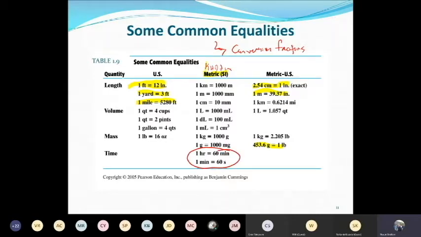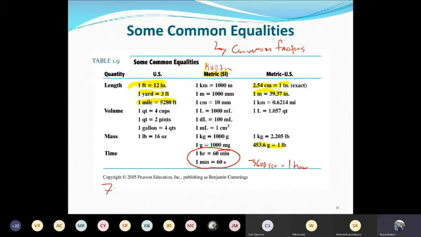Those are circled there. We know there's 60 minutes in an hour. We know there's 60 seconds in a minute. And that would also equal 3,600 seconds in 1 hour. So that's another one you can write down, because 60 times 60 is 3,600. We're going to use this table here in just a couple minutes. Any questions before I move on?